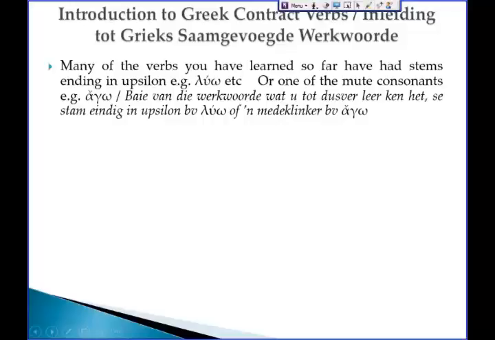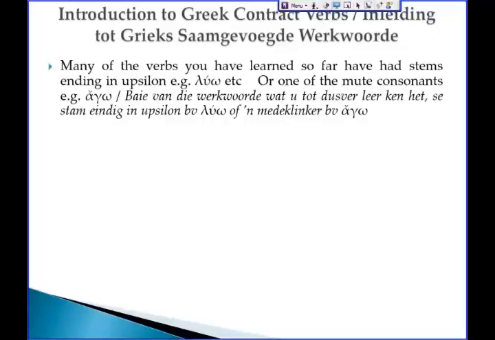I took one of these last week by mistake. Look at luo, the stem. We are not talking about the person ending. We talk about the vowel in the stem.